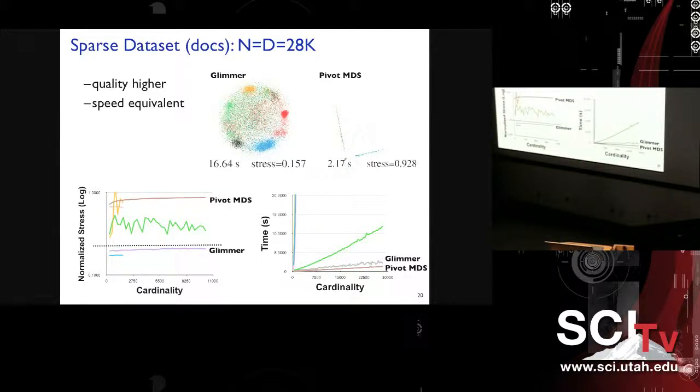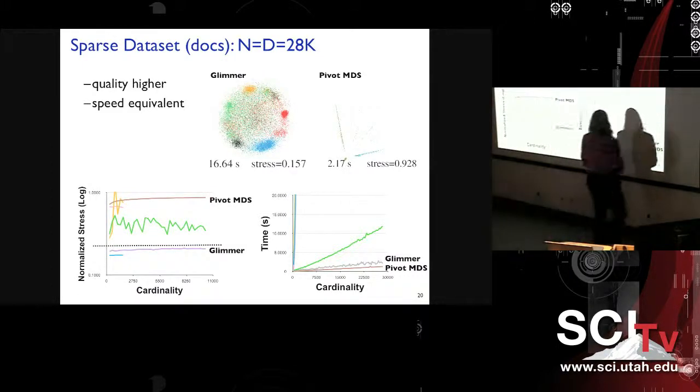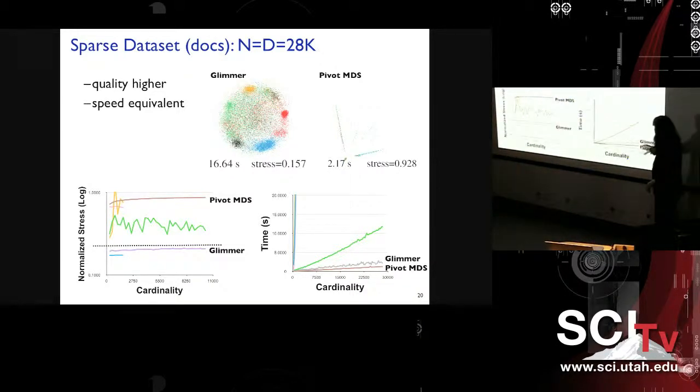Typically, you don't know a priori what kind of residual error you're going to get. So being able to draw in on this graph roughly which of the methods did show you visible clusters versus which did not was something where we needed a mix of looking at things qualitatively and also running the numbers quantitatively, and then seeing that indeed this Glimmer method was basically speed competitive with the spectral methods, but actually gave higher quality results.